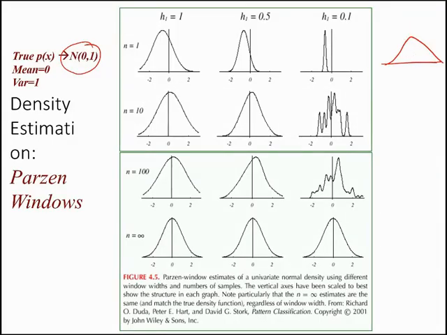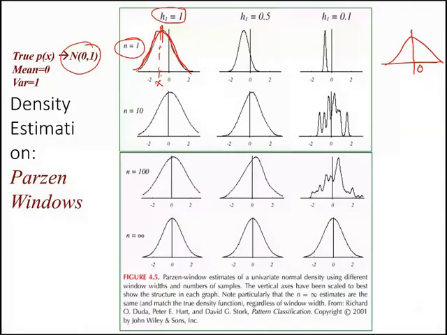Now if you take only one sample, say h is equal to 1, and you take n equal to 1, you can see that the estimation is not centered at 0. Okay, it is slightly, you can say, biased towards the available sample, because this estimation is based on a sample, suppose somewhere here. Okay, so this is the only sample given to you out of the available many samples.